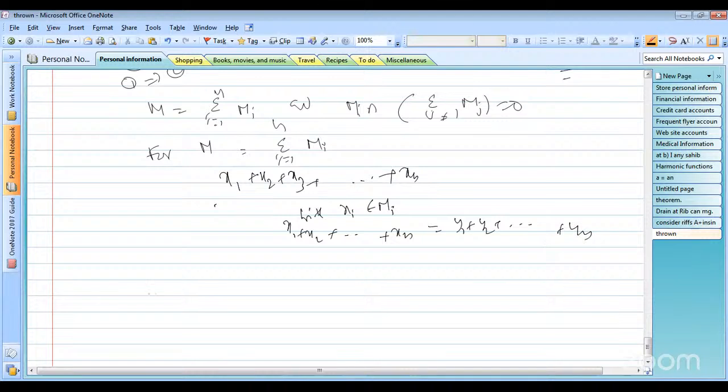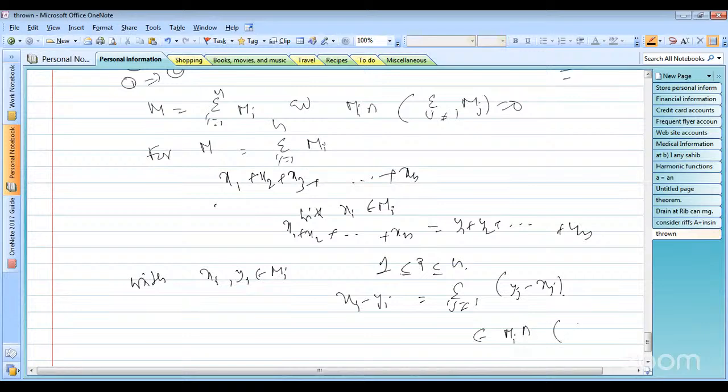So therefore xi, yi belong to Mi, for 1 less than or equal to i less than or equal to n. Then xi minus yi, and the sum over j not equal to i of yj minus xj, belongs to Mi intersection the sum over j not equal to i of Mj, which is equal to 0.